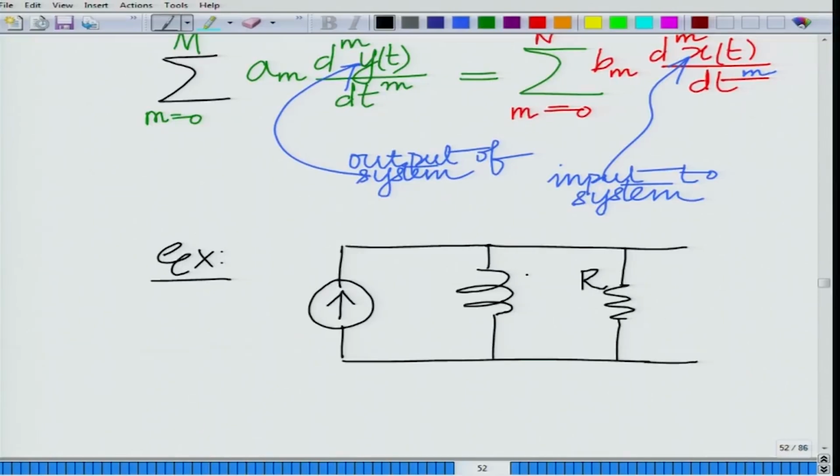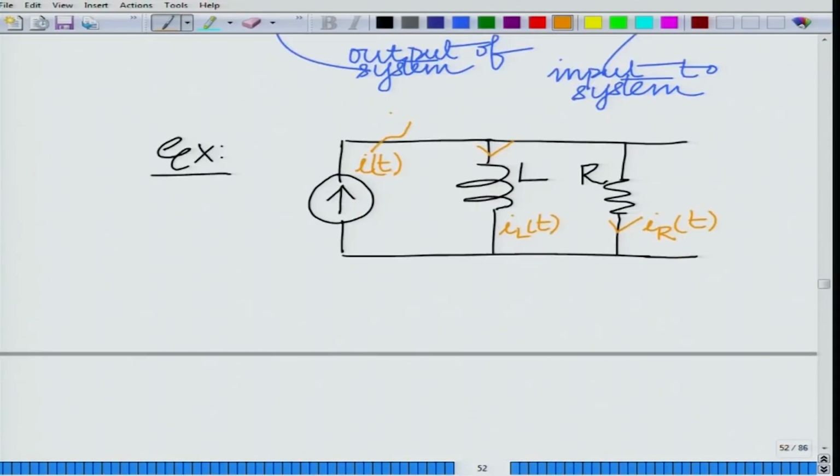So, I have an inductance L, resistance R, and a current source described by I(t), the current function is I(t). We have the current through the inductor, which is denoted by I_L(t), and current through the resistance, which is I_R(t).